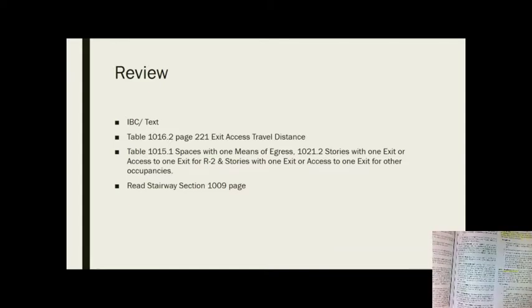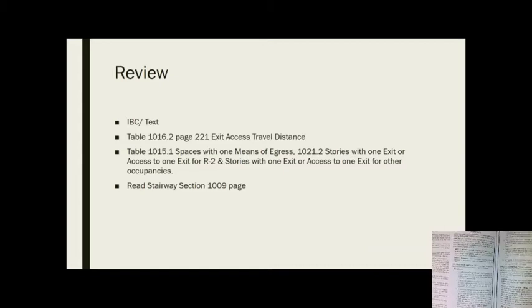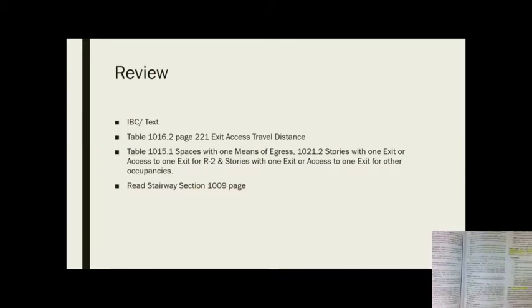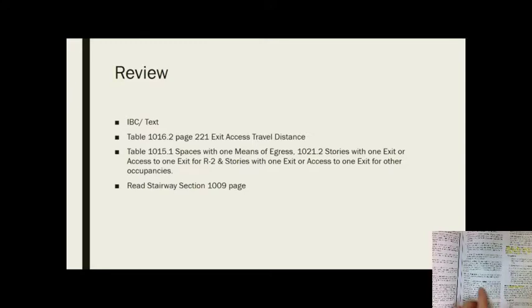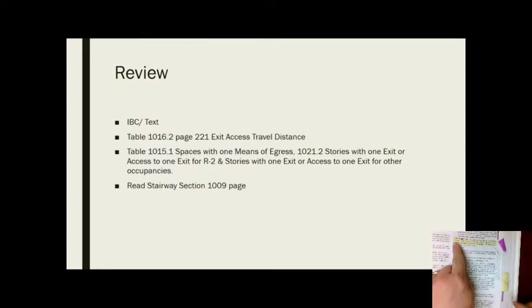Then we're going to skip on over to stairways. Stairways are really important, and that is section 1009. And through here, you're going to learn a little bit about widths of stairways and what you can use on that, the construction of the materials, what fire-resistant ratings have to be in there. But one of the things that's really important is 109.4, the width of stairways.